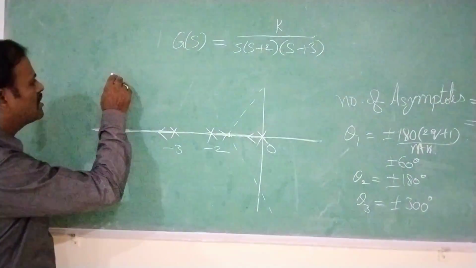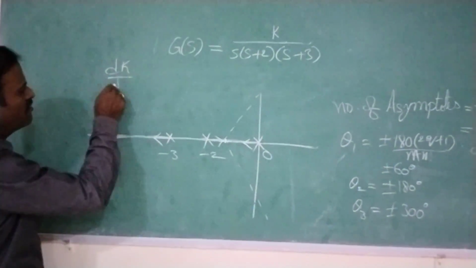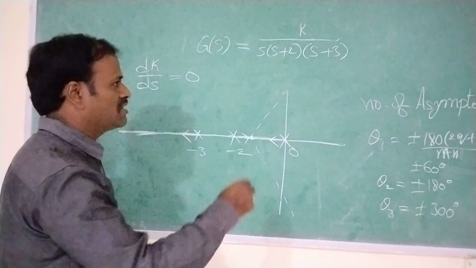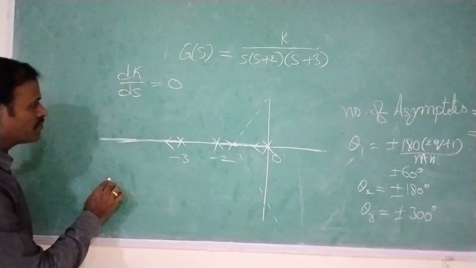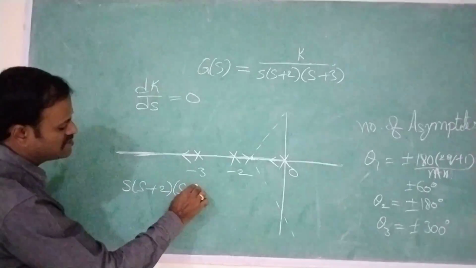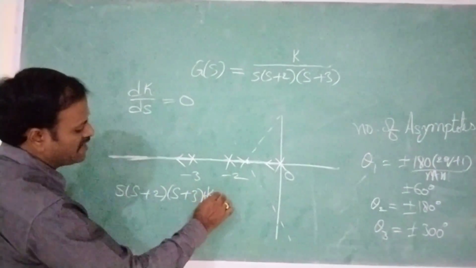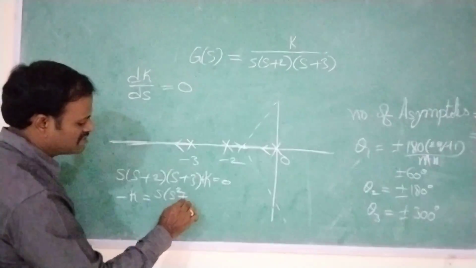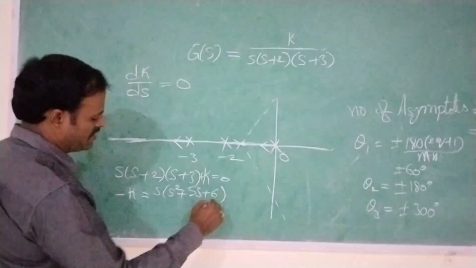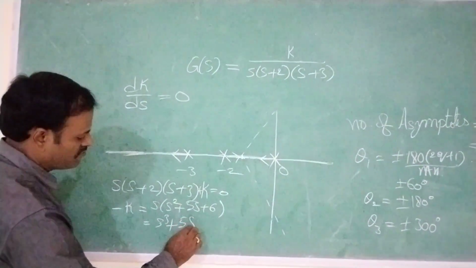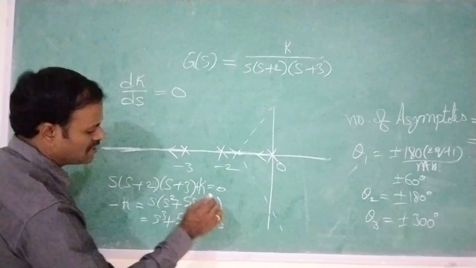The break away point can be obtained by solving dk by ds is equal to 0. From the characteristic equation, first let us find the k value. The characteristic equation is s into s plus 2 into s plus 3 plus k is equal to 0. From this, I'll get minus k is equal to s into s square plus 5s plus 6, that is equal to s cube plus 5s square plus 6s.